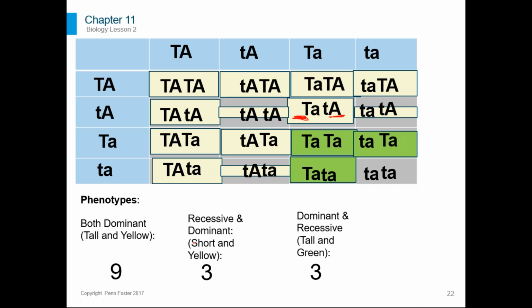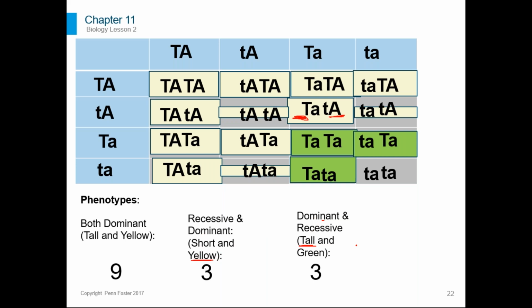So both of these are examples where you have one dominant trait. In this case, the dominant is yellow and the recessive trait is short. Or in this case over here, the dominant trait is tall and the recessive is green. So both of those have 3 of each. So you've got both cases where you have one dominant trait and one recessive trait. And out of all of our options, you get 3 that are short and yellow and 3 that are tall and green.